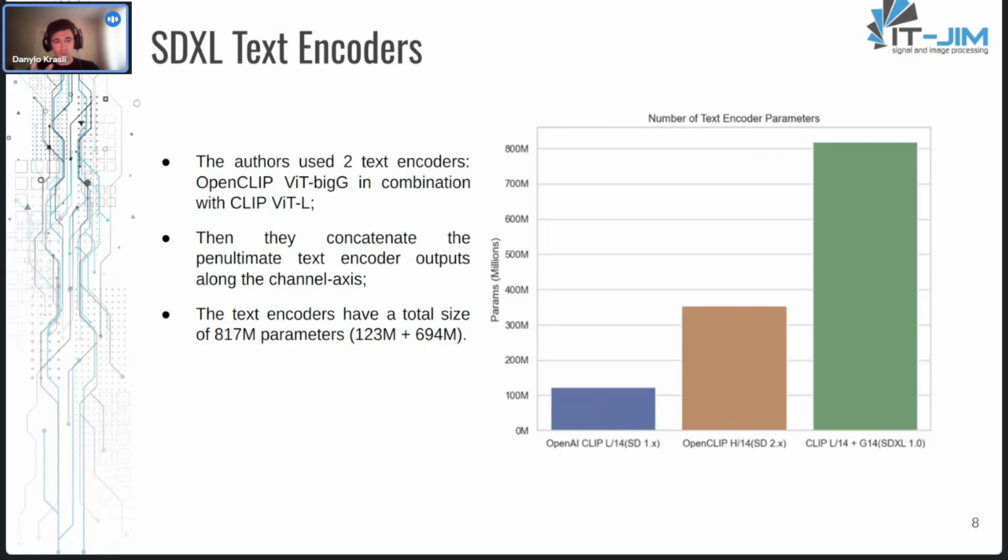CLIP with L was also used in the previous Stable Diffusion version 1 model. The text encoders have a total size of 870 million parameters. So as I said earlier, we can use two pairs of prompts, one for each text encoder, or we can just use a single negative and positive prompt and not bother ourselves.